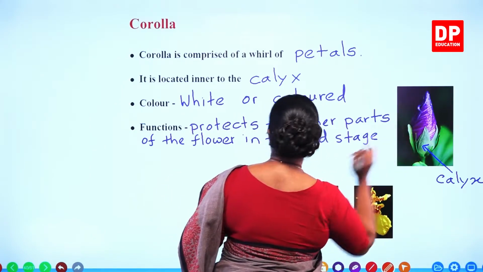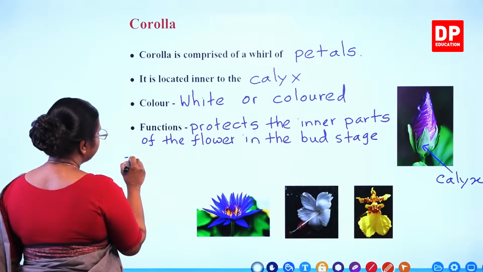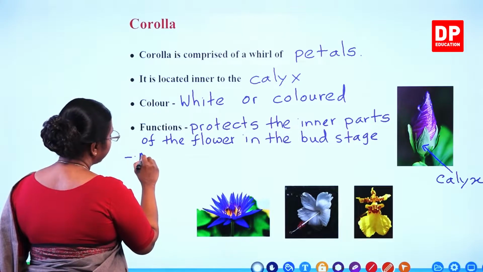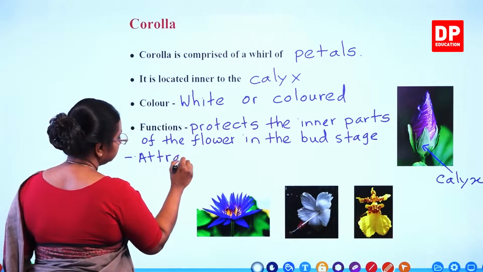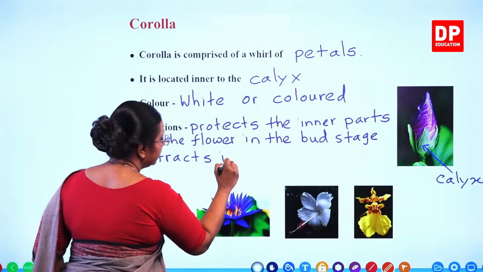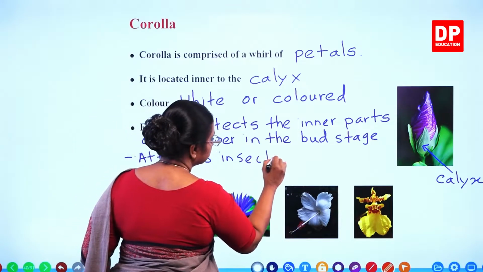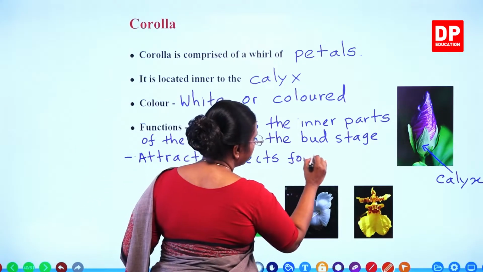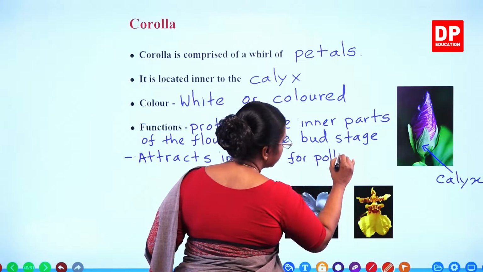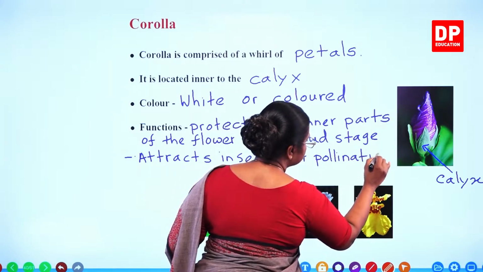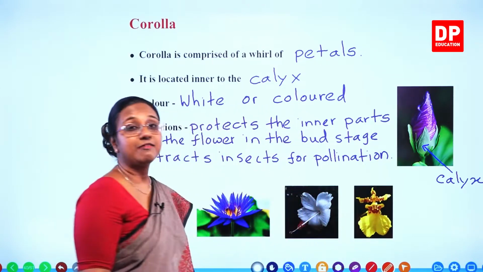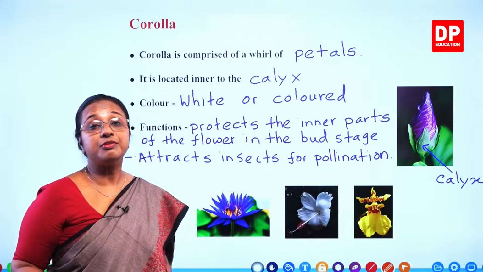So that is this. Then the next function, attracts insects for pollination. That is when the flower is mature and ready to reproduce.